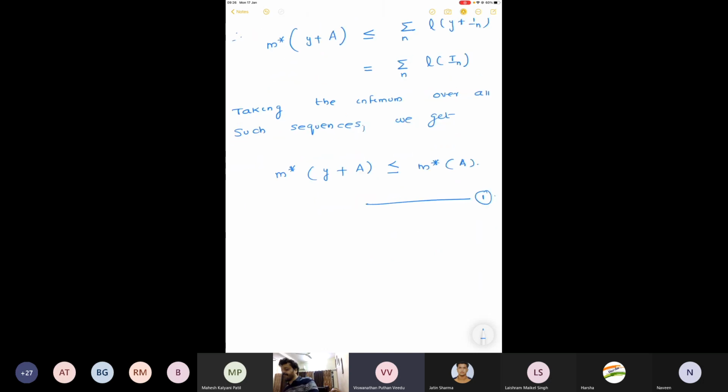But we want to prove that M star is translation invariant. We want to prove the equality. You have proved only one way. Now, without doing an independent proof for the reverse inequality, can you derive it from what you proved already? I want to say M star of A is less than or equal to M star of y plus A. Can I say this?